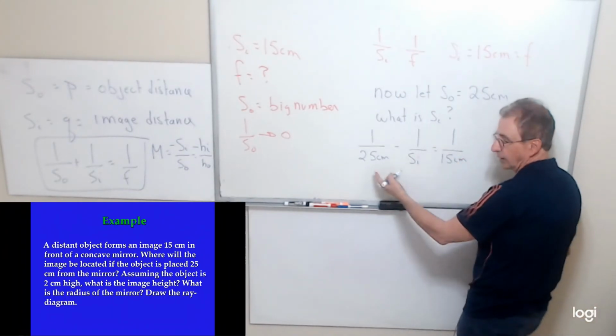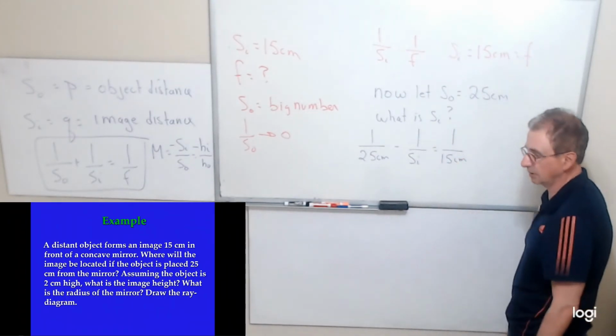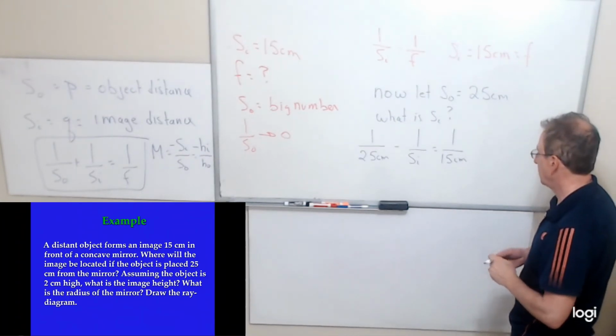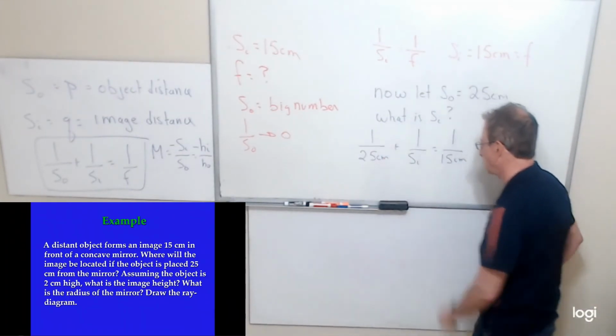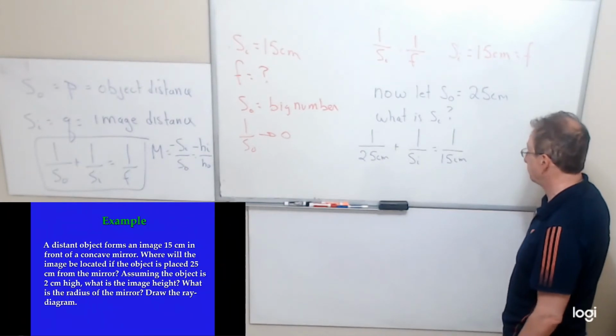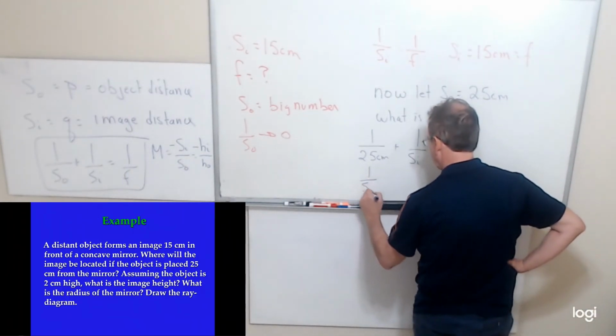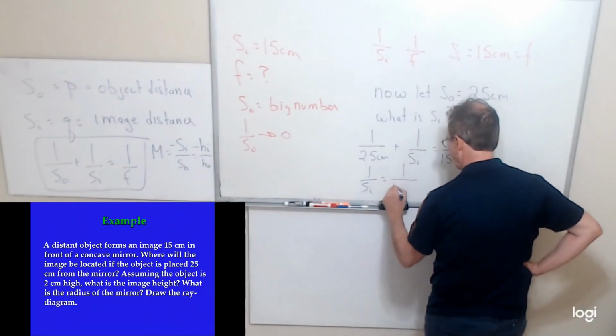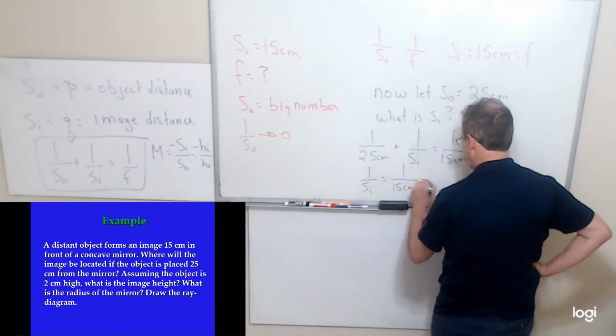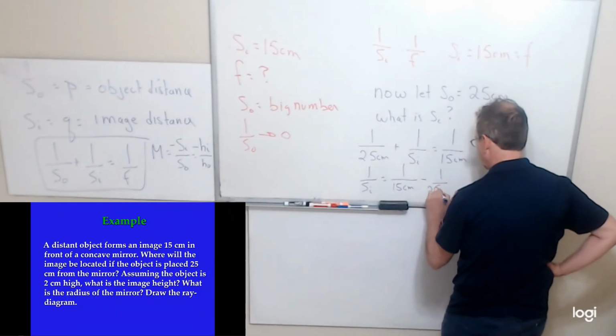And really, the way this equation is, you can use centimeters or meters. Doesn't matter. So, oops, I forgot, it's a plus. Sorry. I just solve for 1 over SI. 1 over S sub I equals 1 over 15 centimeters minus 1 over 25 centimeters.